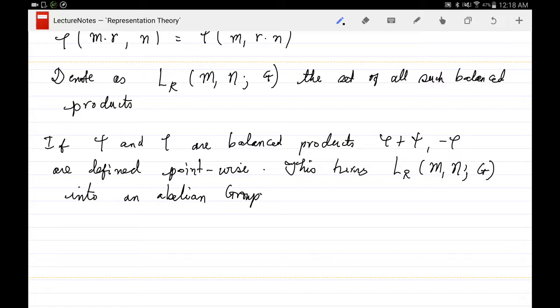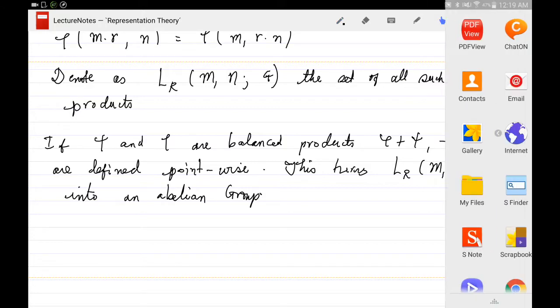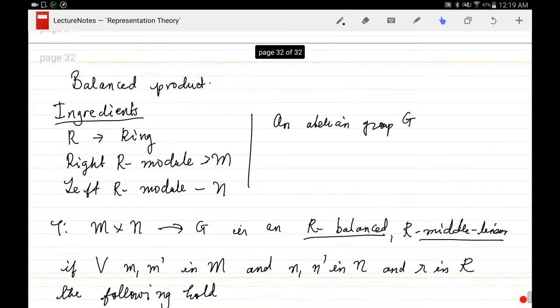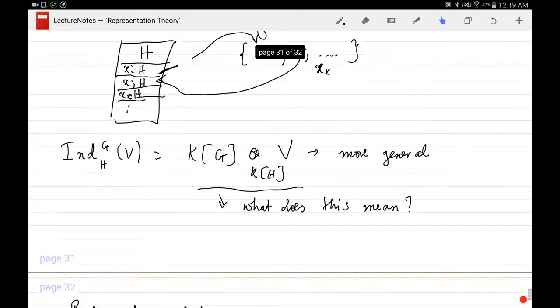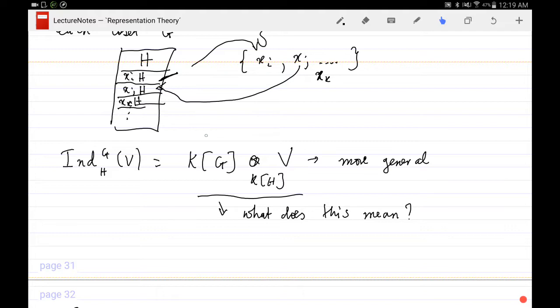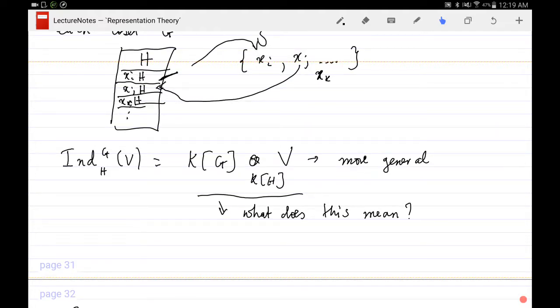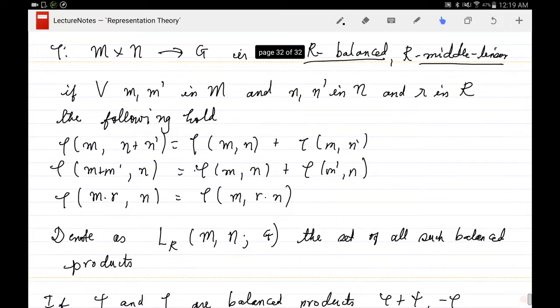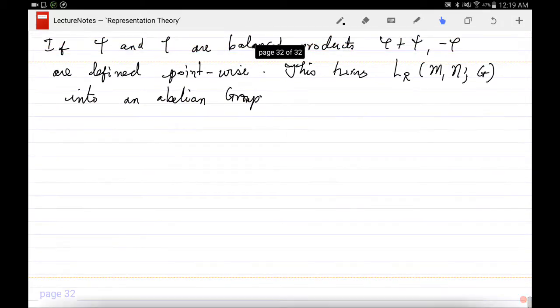So why did we do all this? The reason is that what we want to understand is this tensor product. You see, this is a tensor product over a ring. And it turns out that in order to understand it, we need the notion of a balanced product.